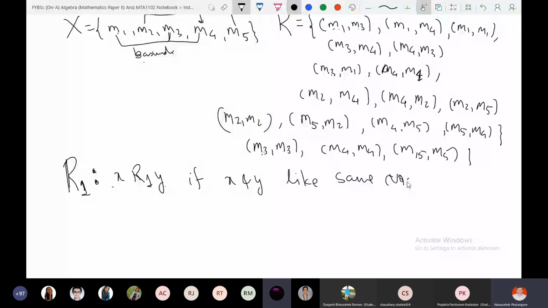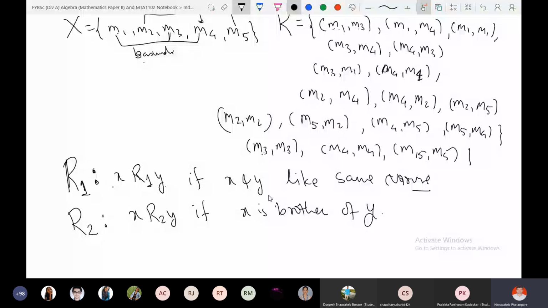Right, so this is a relation you can understand. Can you define one more relation? X is related to Y if X is brother of Y. Right, so in a family there are brothers and sisters, all members are there, but in that case it may happen that, suppose, mother and father or mother and daughter are not related with respect to R2.